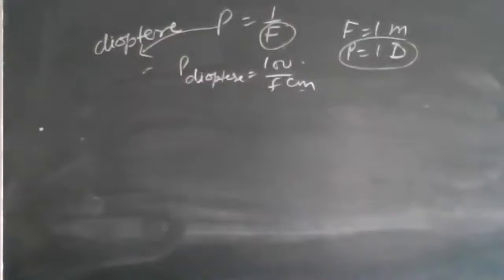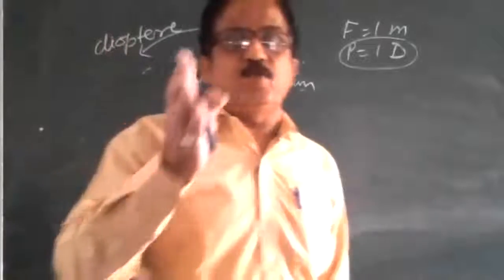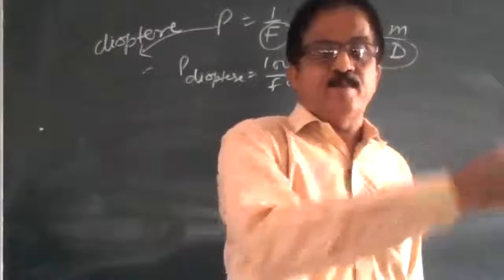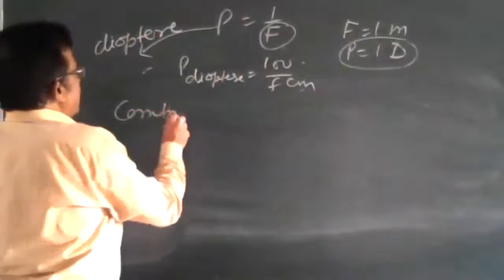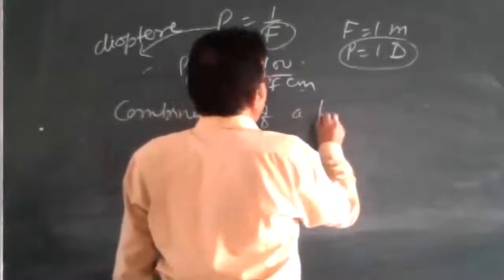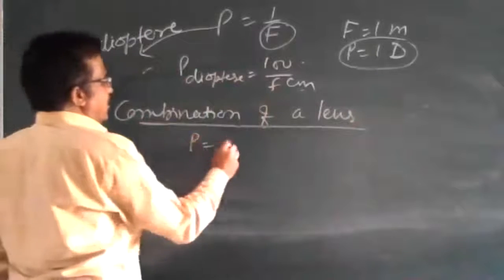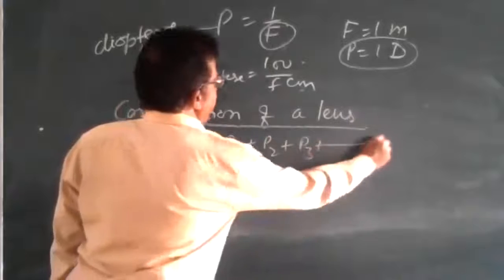Children, you should know the power of a combination of lenses. If a convex lens, then convex lens, then concave lens are placed together, then in a combination of lenses the total power is given by P1 plus P2 plus P3.